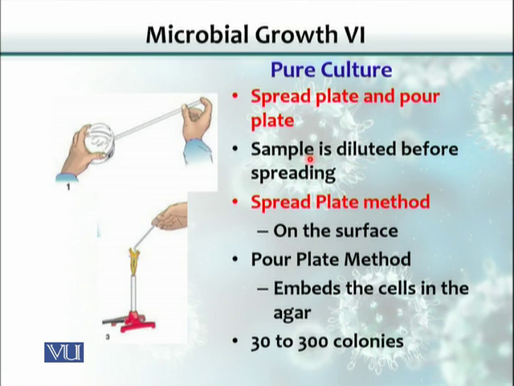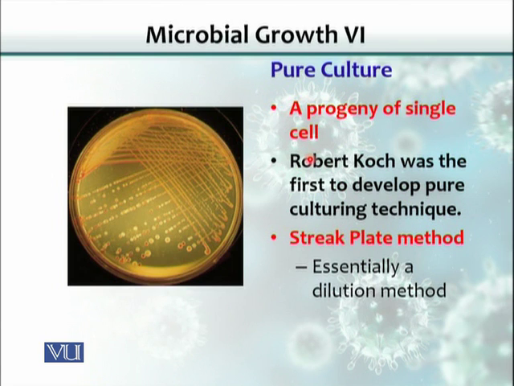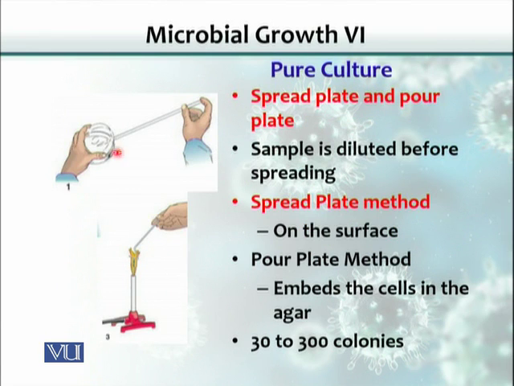So there are three methods so far we have discussed for getting purified colonies. One is streaking here. The second is spreading using a solid agar. And the third one is a pour plate, where we use melted agar, but that melted agar is not hot enough to kill the organisms.